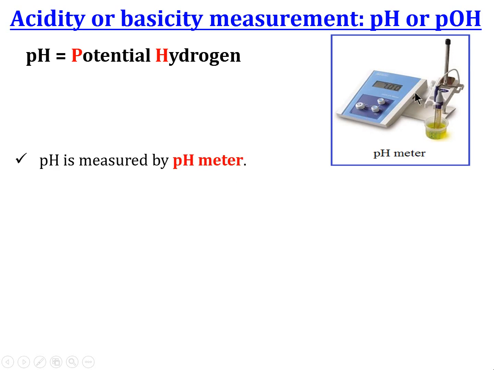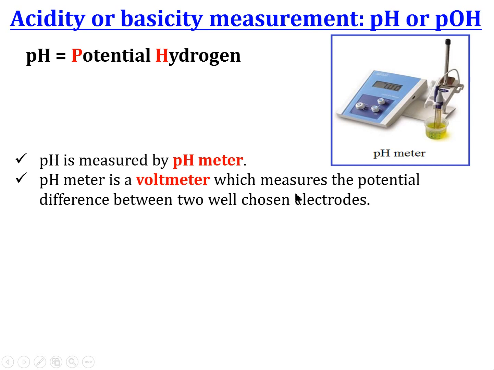The pH is measured by a pH meter, which is a voltmeter that measures the potential difference between two well-chosen electrodes.